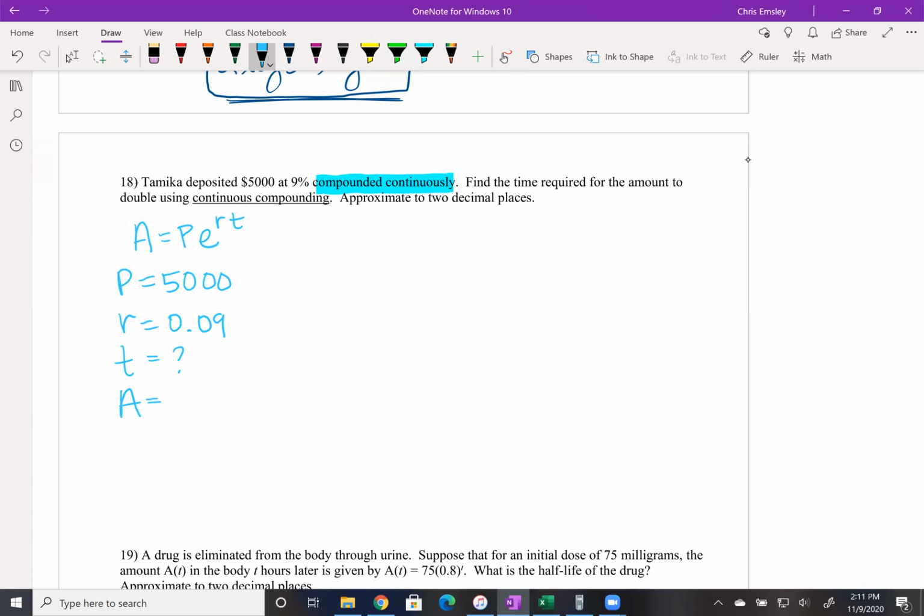She's going to start with $5,000. We wanted to know how long it takes for that amount to double. So the ending amount would be 5,000 times 2, which is 10,000. So let's plug all this in. Okay, and we are solving for t.